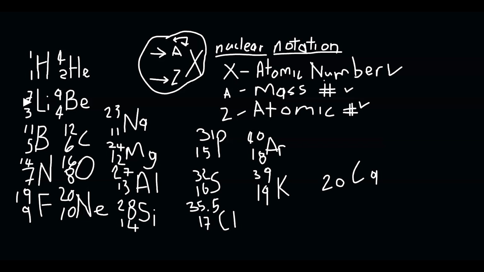So these are the atomic number and the mass number for the first 20 elements, which is definitely what you need to know. Any questions? No, sir. So it's pretty much straightforward once you practice.